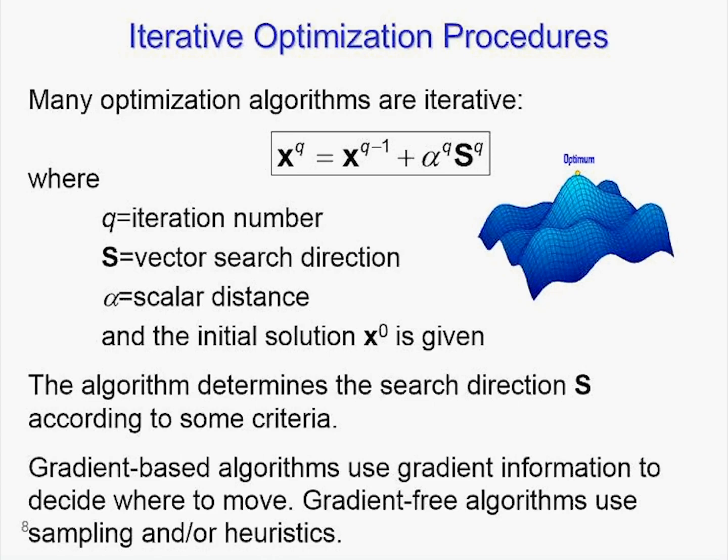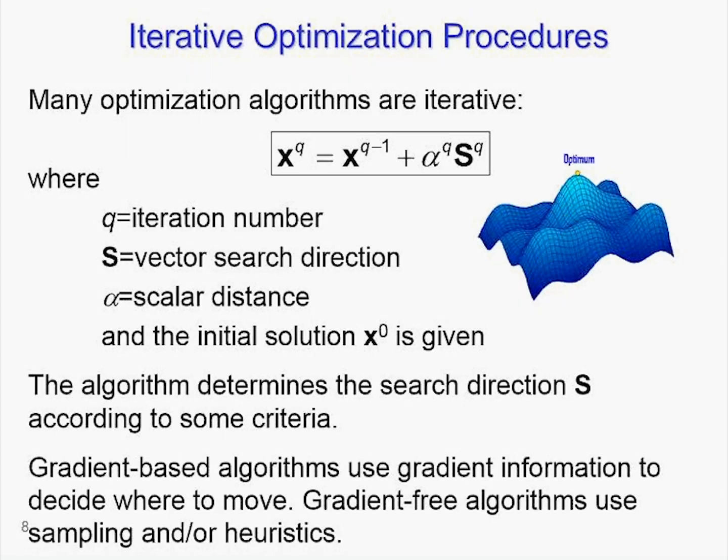Once I've picked my direction s q, I want to figure out how far to walk in that direction. That's alpha q. So s q is the direction, and alpha q is the size of the step, just a scalar in that direction.